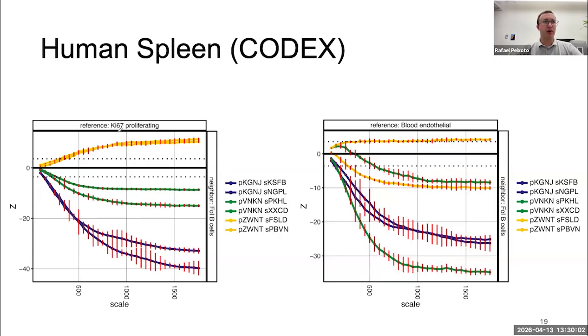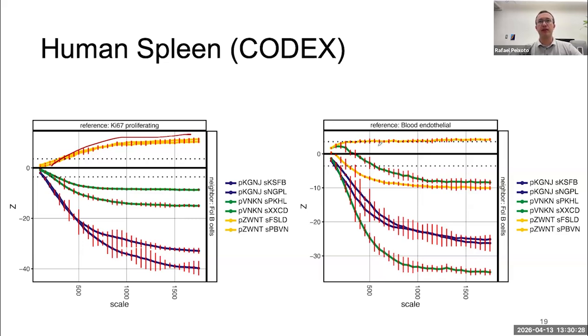And we see that for Ki67 proliferating cells and follicular B cells, this patient in yellow had a positive Z-score. So these cell types are co-localized in that particular patient. While for other patients, the one in blue, we had a negative z-score, meaning that for that particular patient, there was a separation of these two cell types.